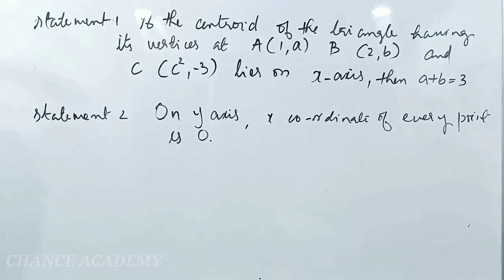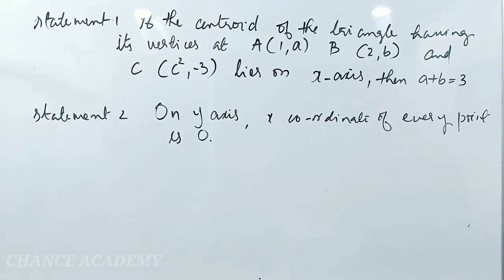Now we are discussing another assertion-reason type question. It's from coordinate geometry. The assertion given here is: if the centroid of a triangle having vertices A, B, and C lies on the x-axis, then the relationship between a and b is a plus b is equal to 3.